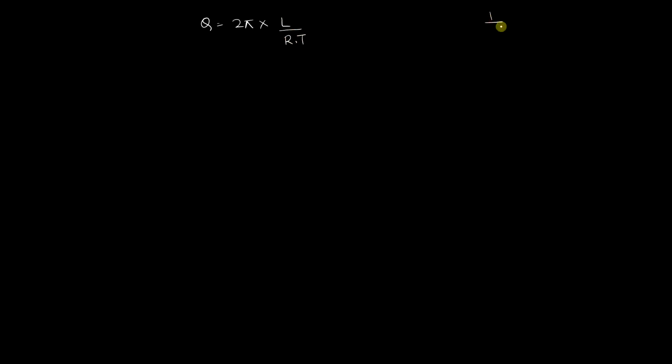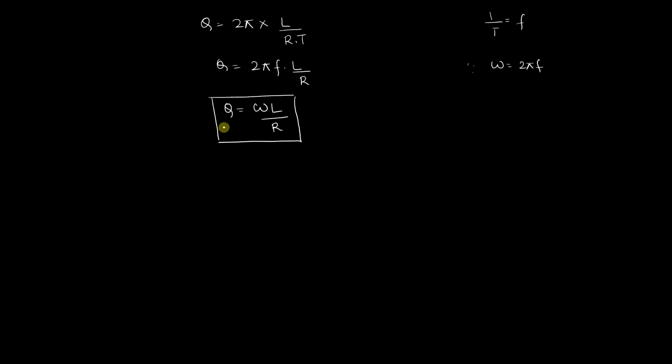This 1 by T is equivalent to the frequency F, so Q equal to 2 pi F into L by R. 2 pi F is omega, so Q is equal to omega L divided by R. This is the expression for quality factor for the case of the inductor.